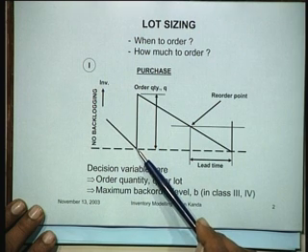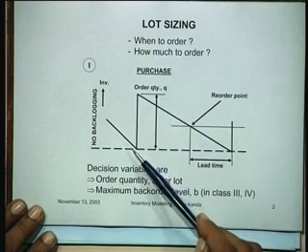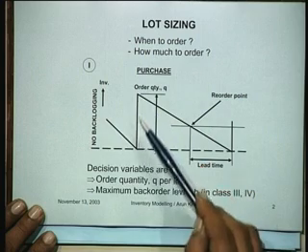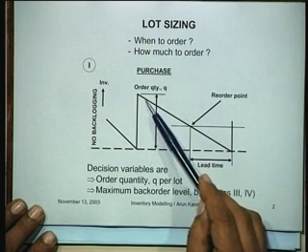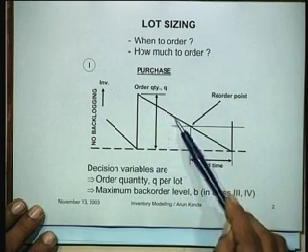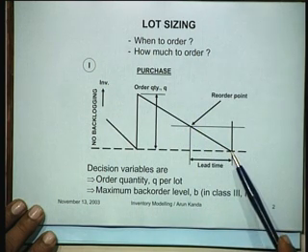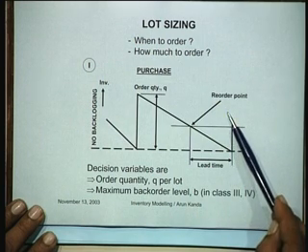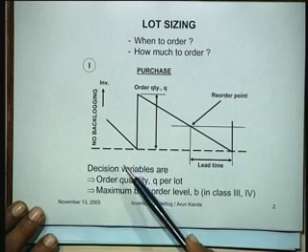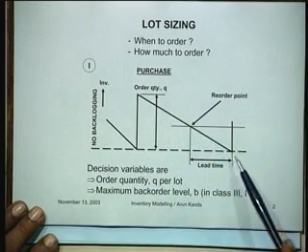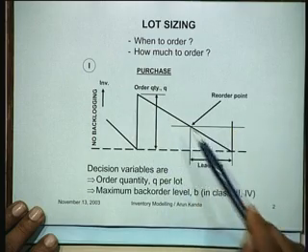So it's at this particular point of time that an order is raised, and for a certain quantity Q, the stock level suddenly rises at this particular point of time, and thereafter the inventory level tends to drop gradually, and it keeps on dropping till at this particular point of time you again have zero inventory, and again the next order is realized, and so on. So basically it is a repetitive process which resembles a sawtooth curve, this fluctuation of inventory.